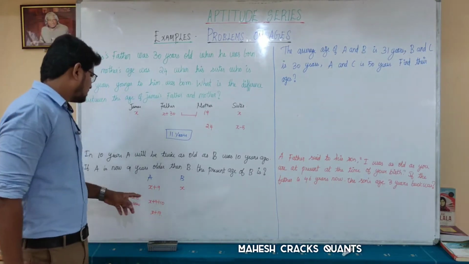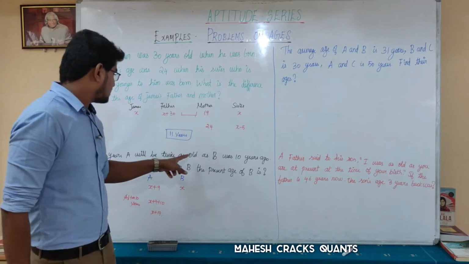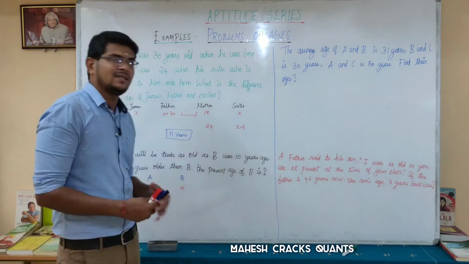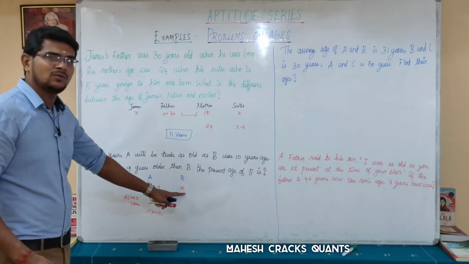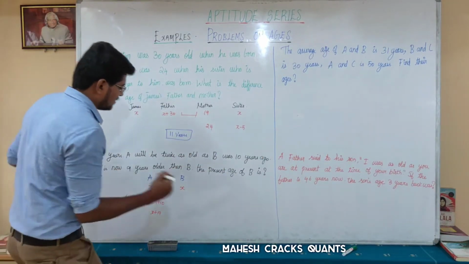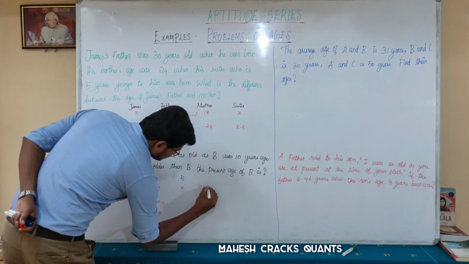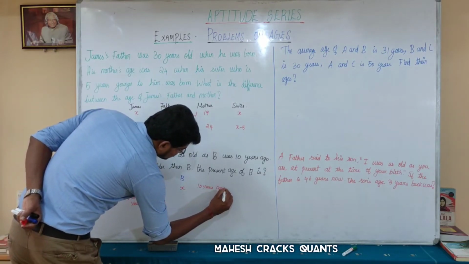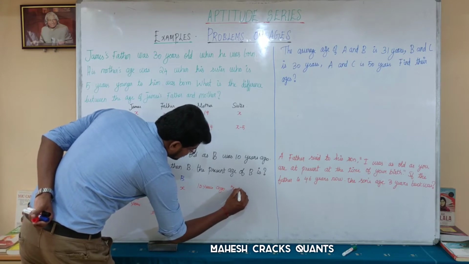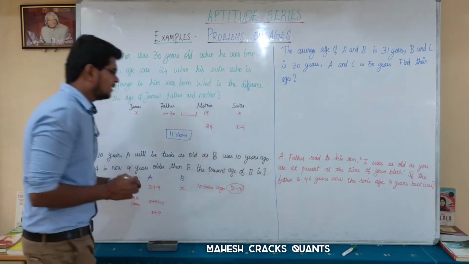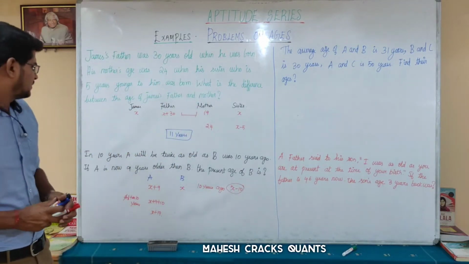Next, twice as old as B was 10 years ago. 10 years ago, what is B now? 10 years ago, X minus 10. Okay? Just equate.